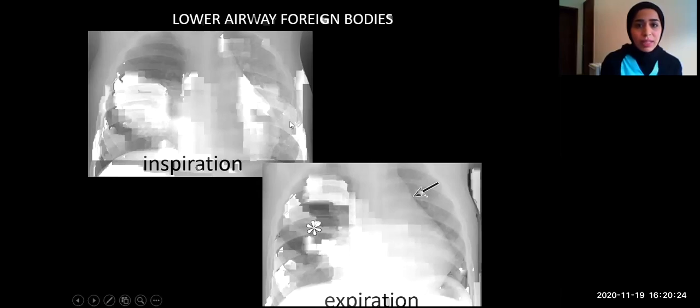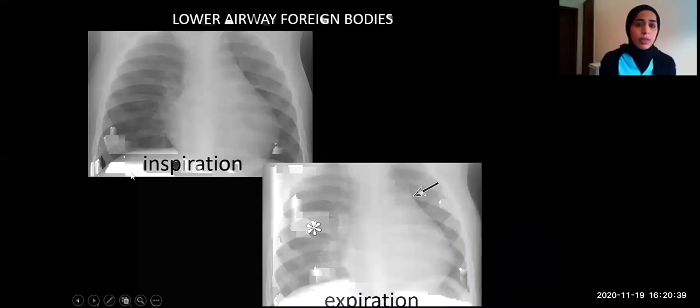The symmetrical appearance is good and the exposure is good, but still you can see that there is asymmetry of both lung fields, being more hyperinflated on the right side as compared to the left. In addition, there is more lucency on the right as compared to the left.